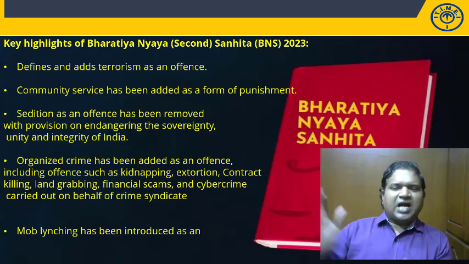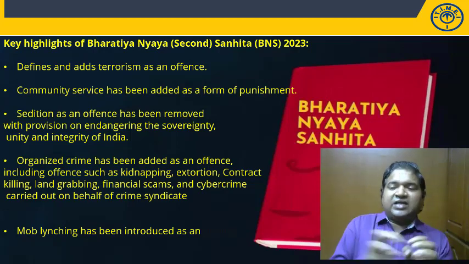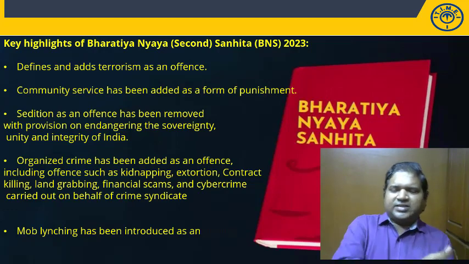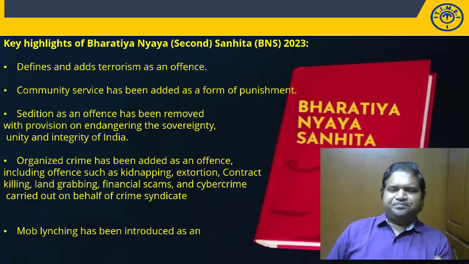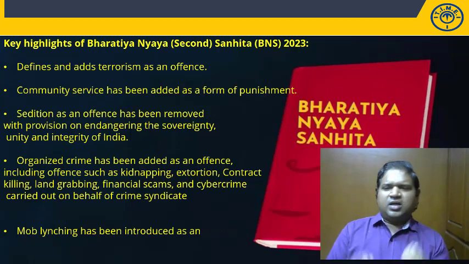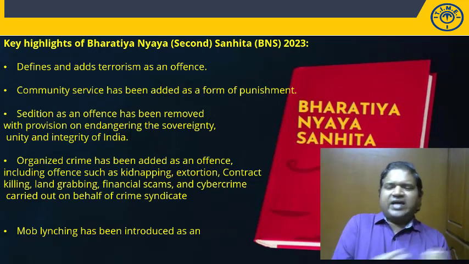Now instead of doing that, we have given exclusive attention to certain specific things like mob lynching. Very important. So many cases of mob lynching have been seen in the recent past, or for a long time now. As far as mob lynching is concerned, there was no law defining mob lynching.